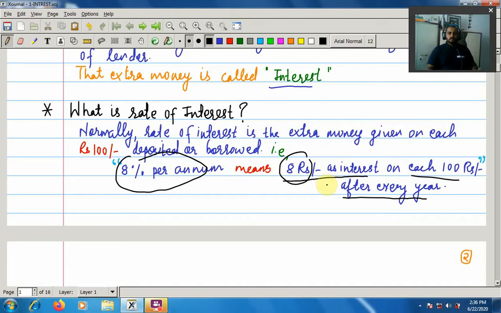Like that, if I deposit more money, this extra 8 rupees increases. Suppose I deposit 200 rupees for 1 year, so I will get 8 plus 8, 16 rupees as interest.